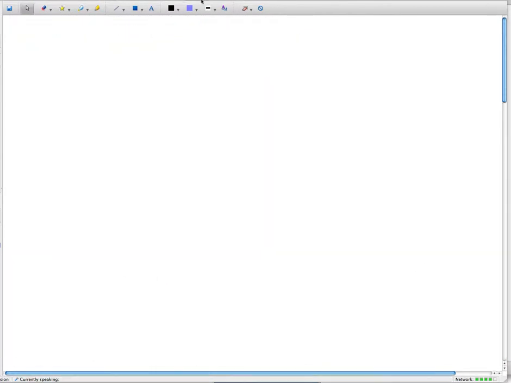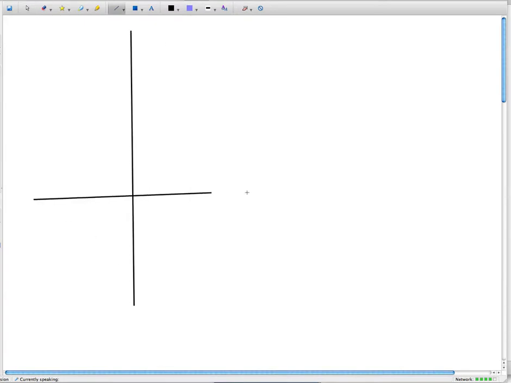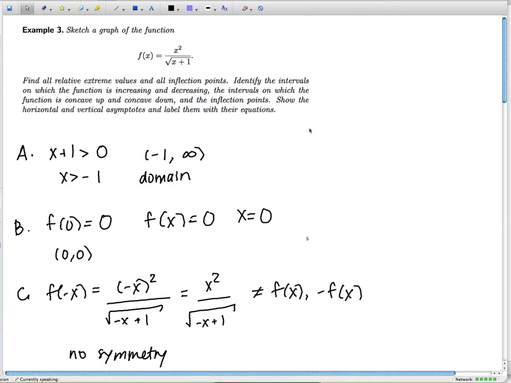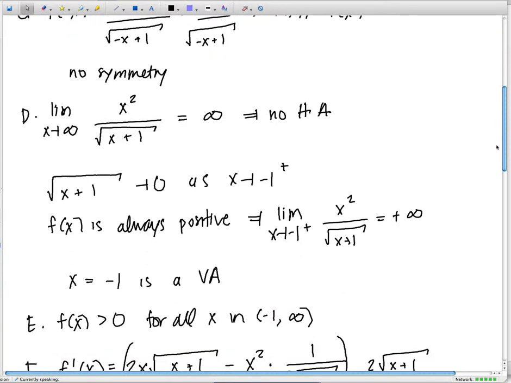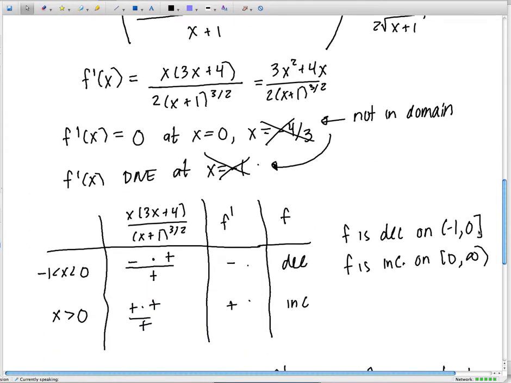Using this information now, we can go ahead and sketch our graph. So let me pull up a clean slide. How are we going to sketch our graph? Remember, our domain is -1 to infinity. We know that as we approach -1 from the right, our function is going to positive infinity. We know that (0, 0) is a min. We're decreasing on -1 to 0, increasing afterwards.